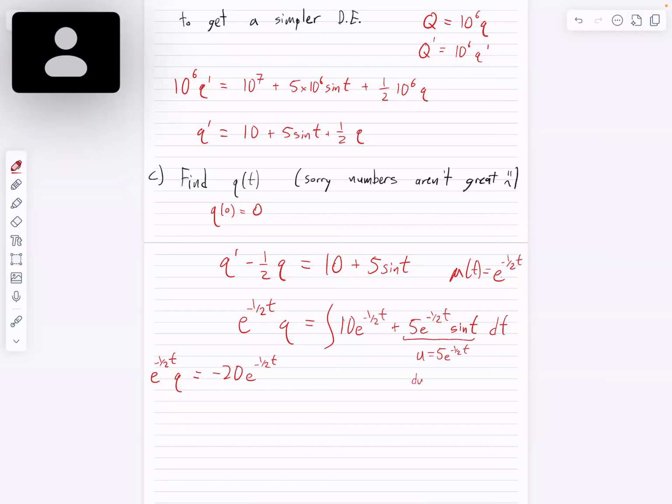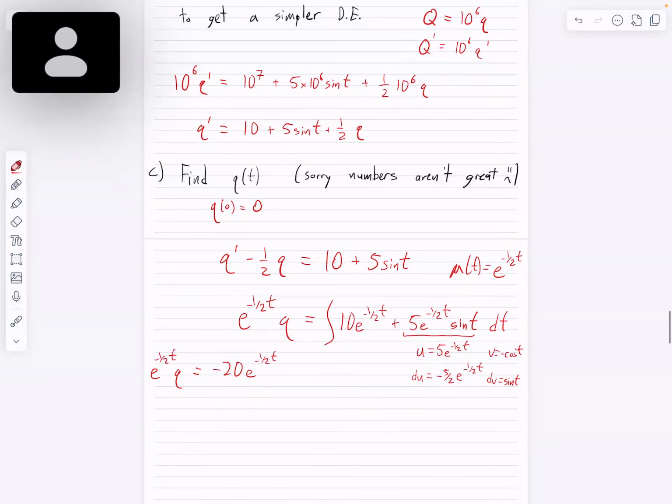Q du will be, you have to multiply by -1/2, so -5/2 e to the -1/2 t. dv is sine of t, which means that v is negative cosine t. And I'm going to do it one more time.